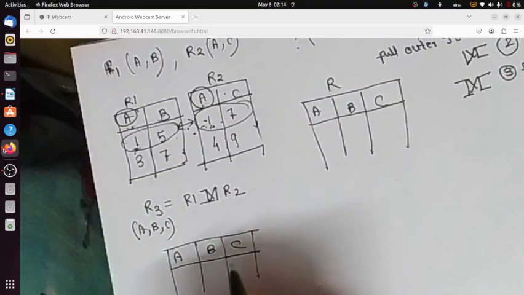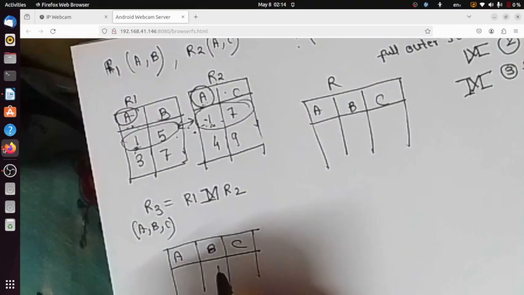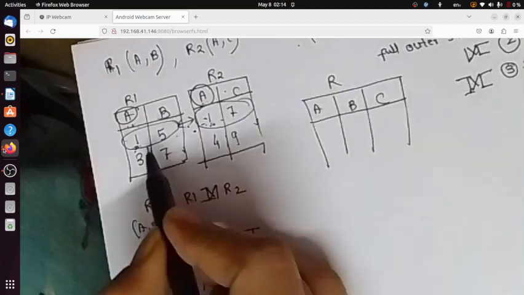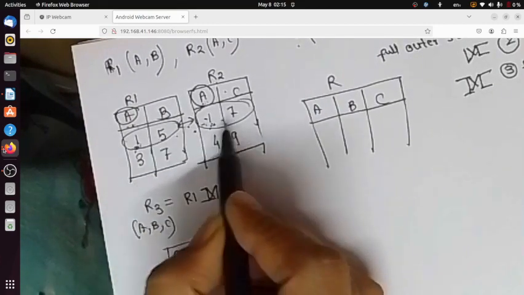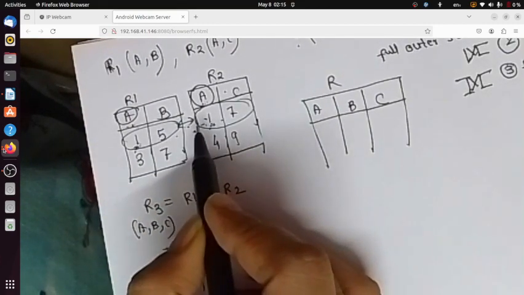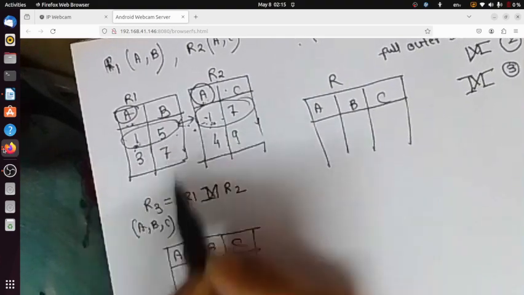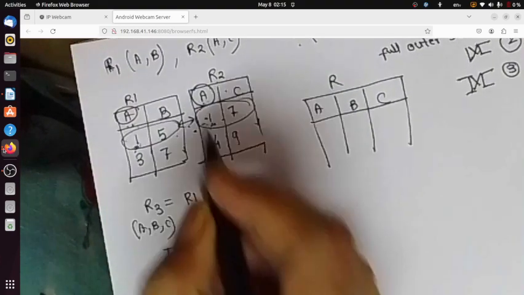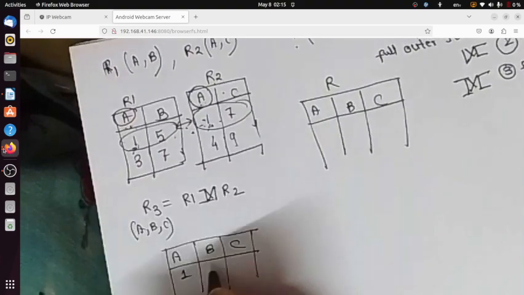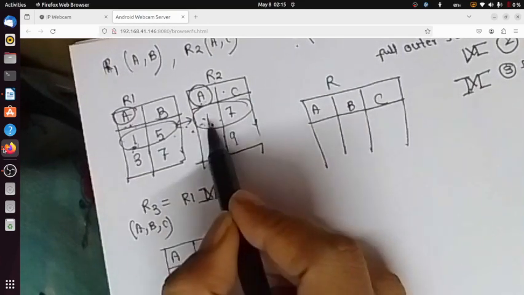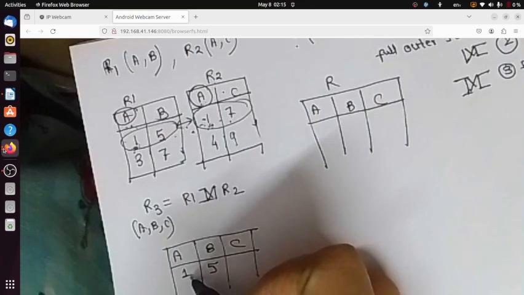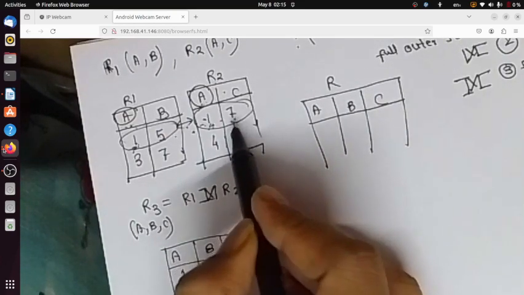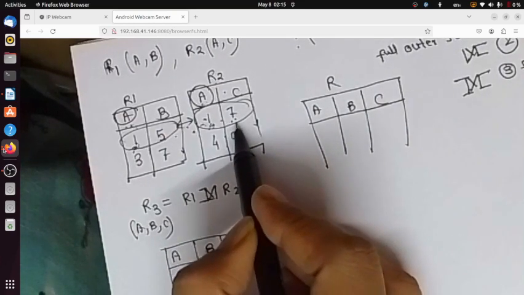In natural join or inner join, if there are matching values in the common attribute, then the records which have matching values get combined. So here A will be 1, B will be 5, and the corresponding value for column C is 7.